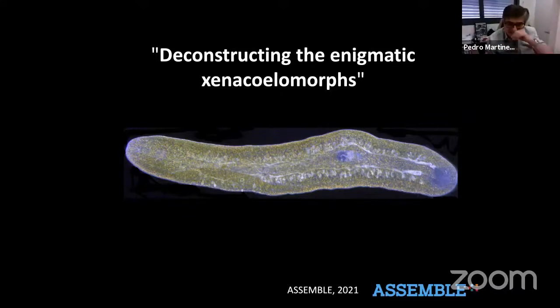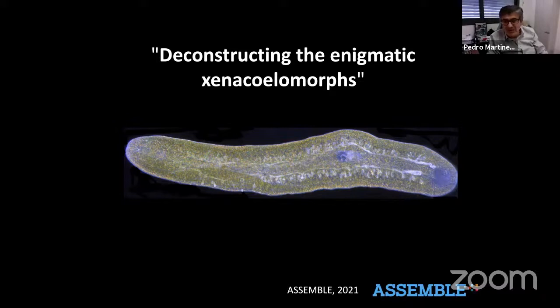So anyway, what we're going to be talking about today is a fraction of what we do in the lab, or what we've been doing during the last few years. As you know, I'm working at the University of Barcelona in the Department of Genetics, and the main interest of the group is the evolution of animals.